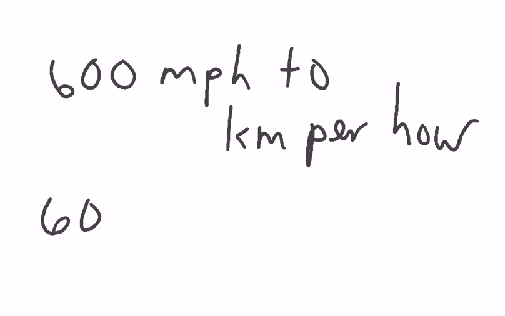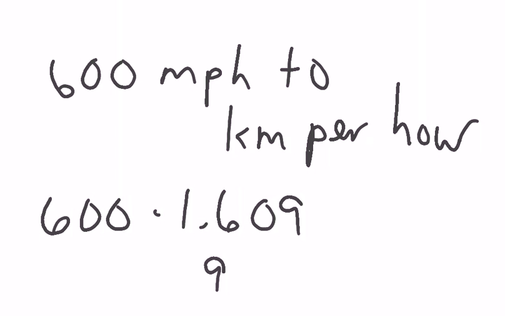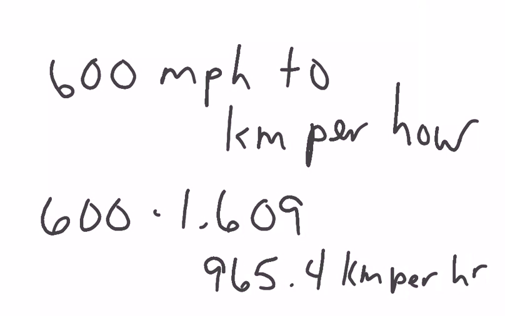So we would take our 600 miles per hour times 1.609, because that would be that unit of conversion. And that tells us that we would have 965.4 kilometers per hour. So 600 miles per hour is the same as 965.4 kilometers per hour.